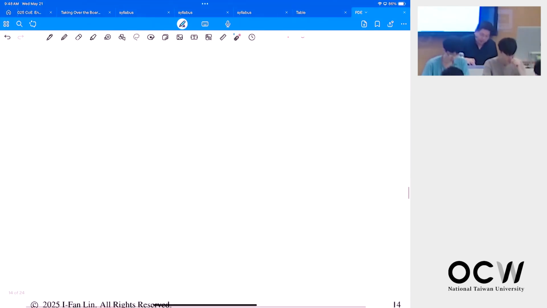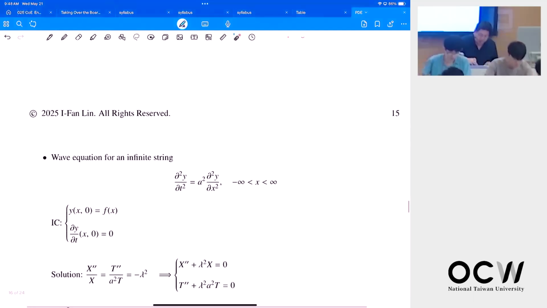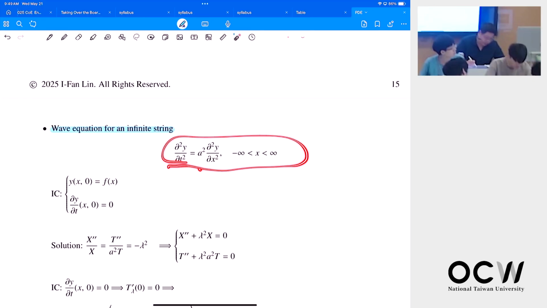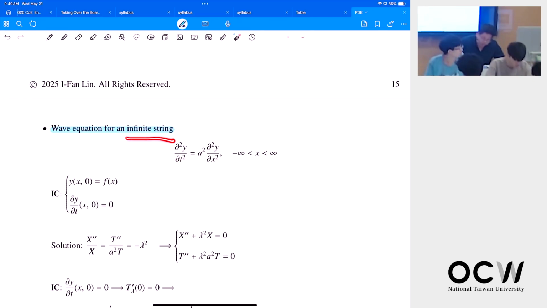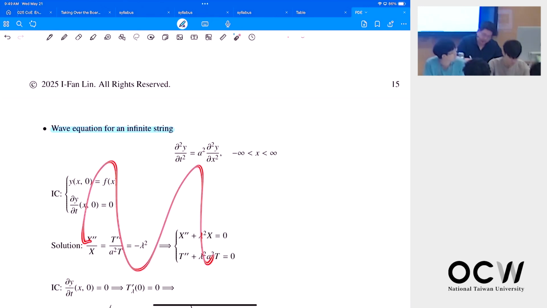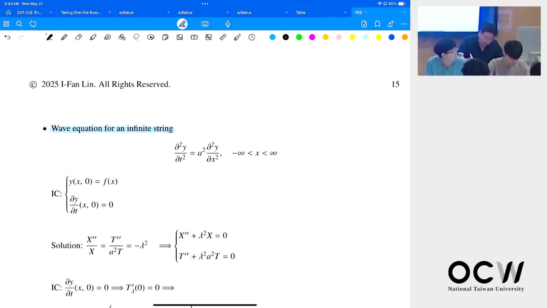Next one, if I have an equation for an infinite string, another type. This is the partial differential equation. Because it is an infinite string, there's no boundary, so it will just be vibrating all the time.